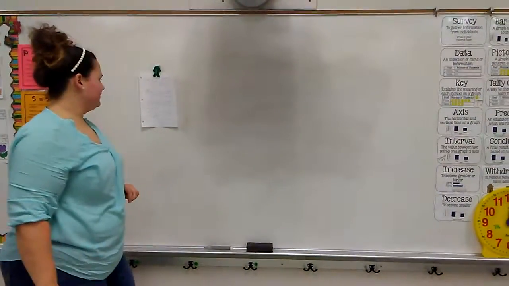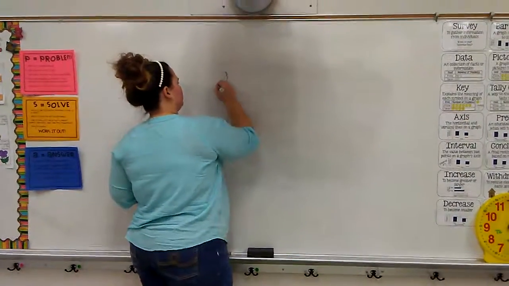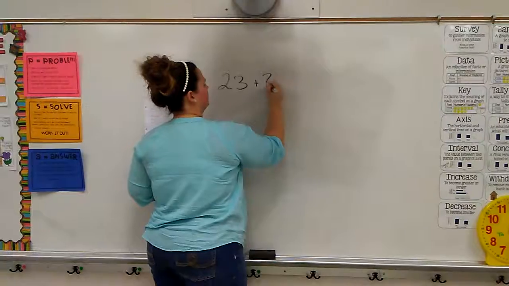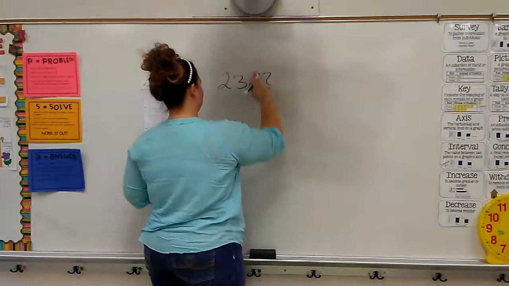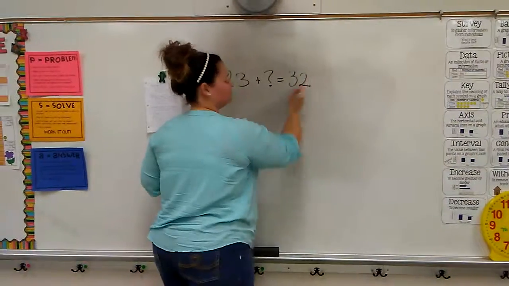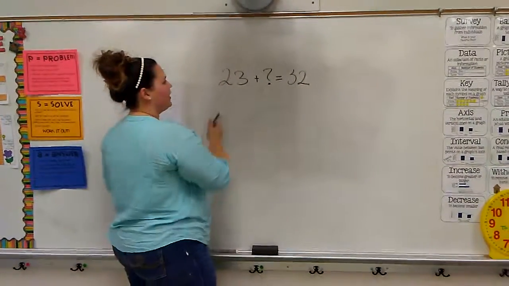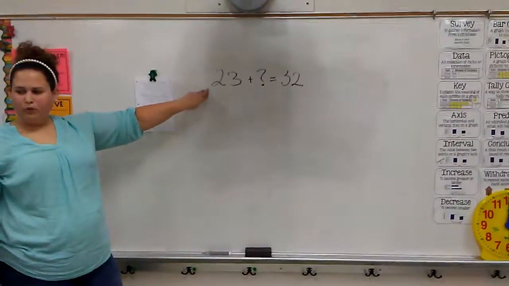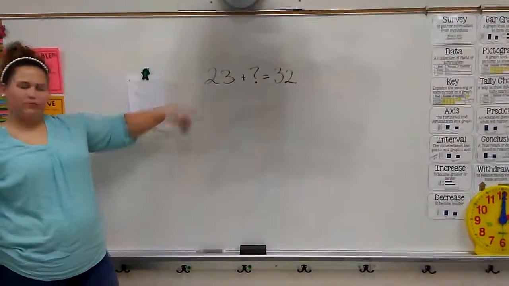Let's solve another one. So let's do 23 plus question mark equals 32. Miss Watson's getting ahead of herself. Right, so Jacob, what do we do? Subtract 23.